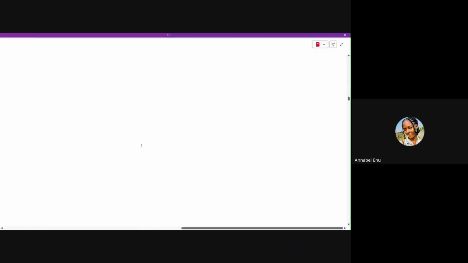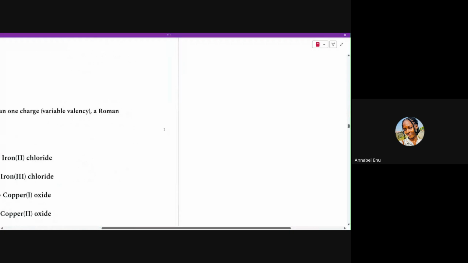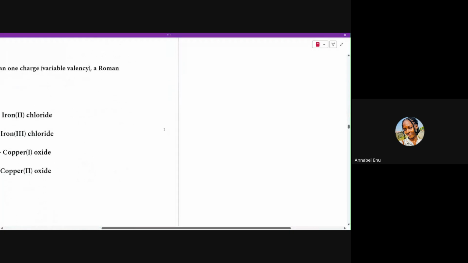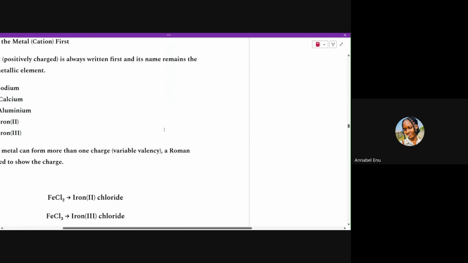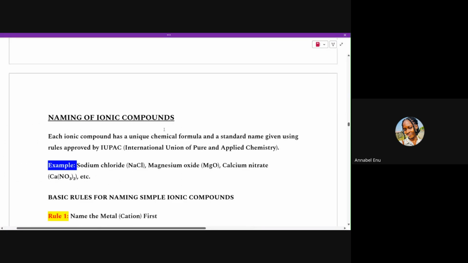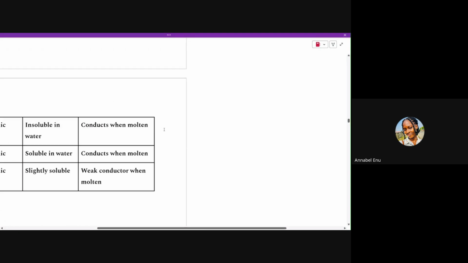Now, the last part, is it about the ionic bonding? The one where I said how to write the formula for some structures. Is that the last part you were talking about? Or how to name some structures?